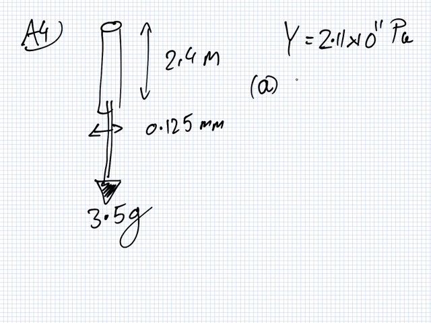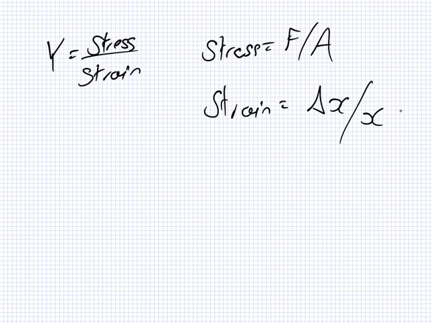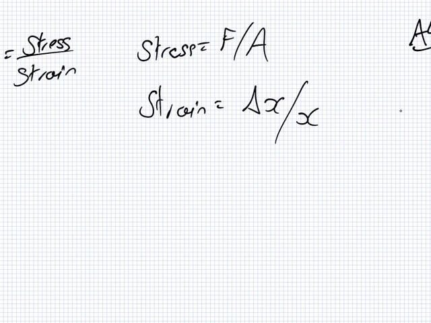So you have 3 formulas for this lesson. I'll just write them down on the left before I continue. Young's modulus is stress over strain. Stress is force over area, and strain is extension over original length. These are the 3 formulas, which you should know.